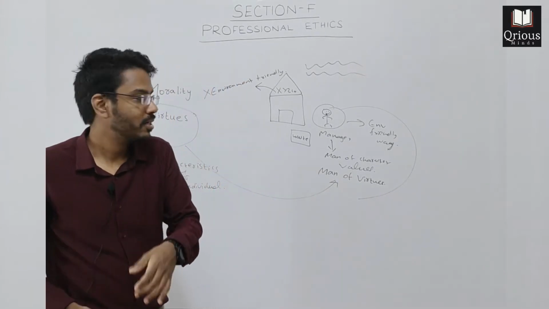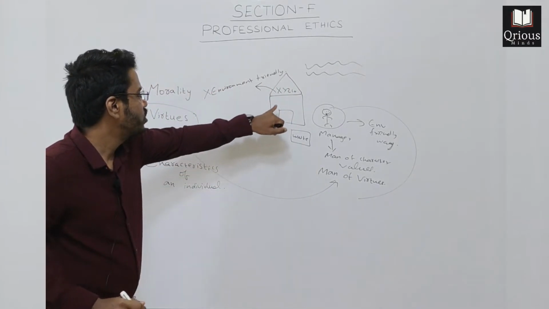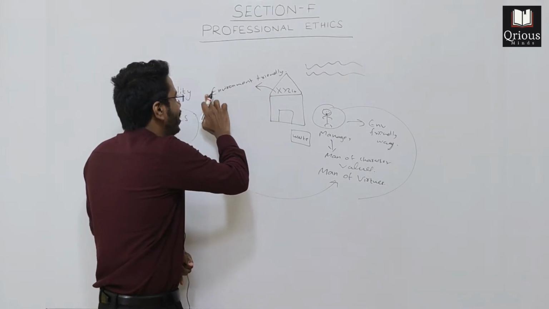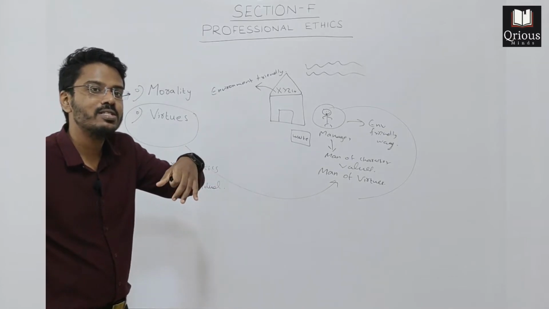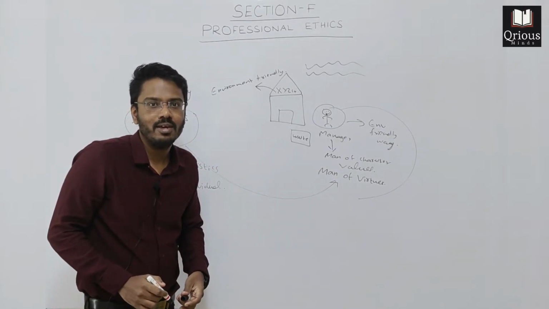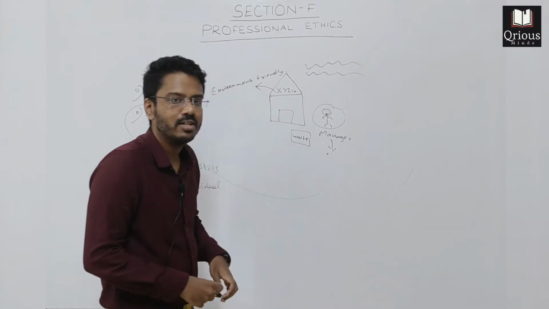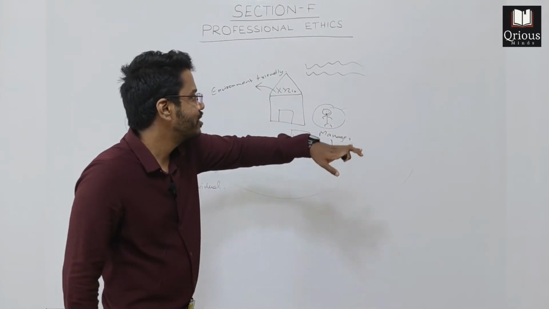Now let's twist the example. Let's assume that this XYZ company was an environment friendly company, or its policies were focusing towards environment friendly waste disposal. Now let's assume that this manager is not a man of character. He just wants to dispose of the waste somehow.